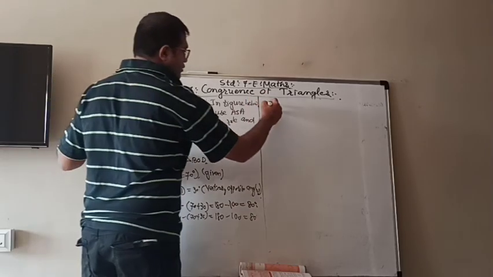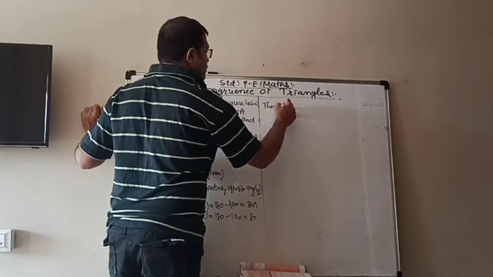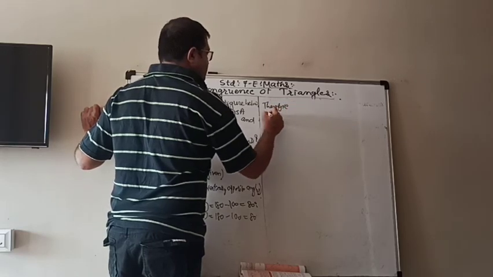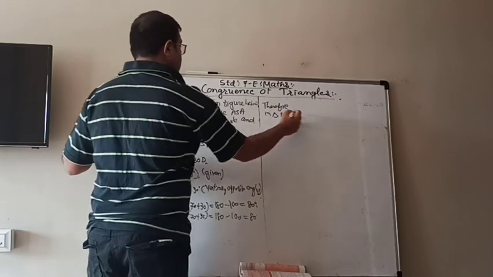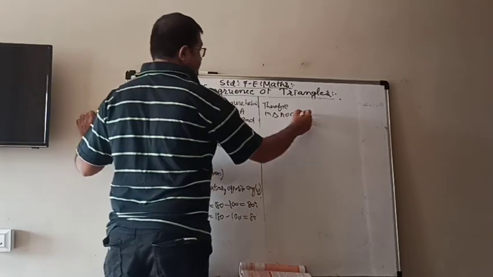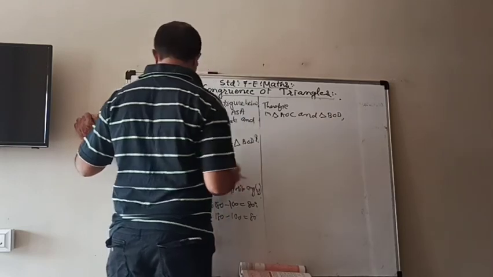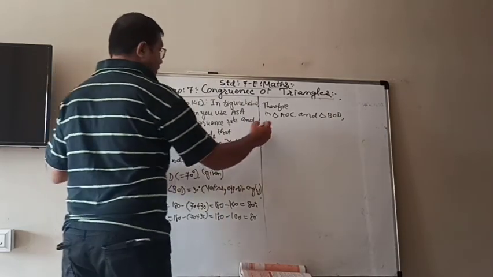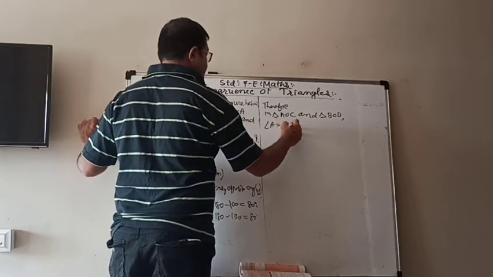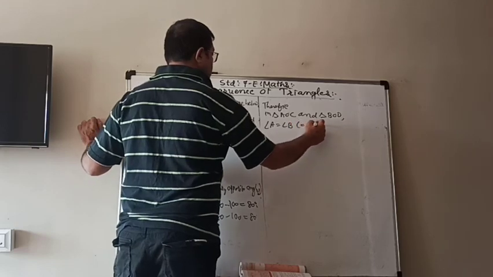So now, therefore, in triangle AOC and triangle BOD, angle A is equal to angle B is equal to 80 degrees.